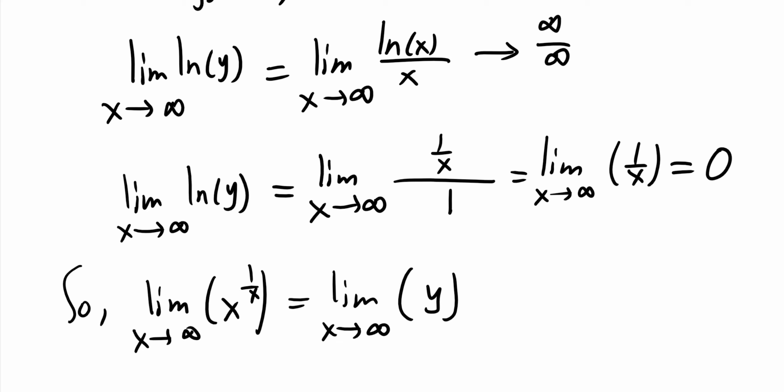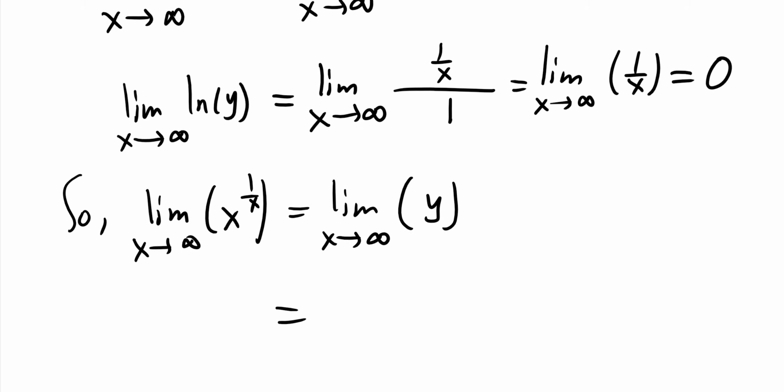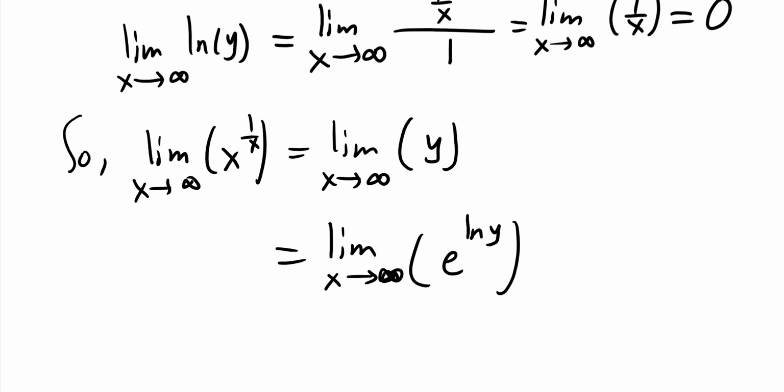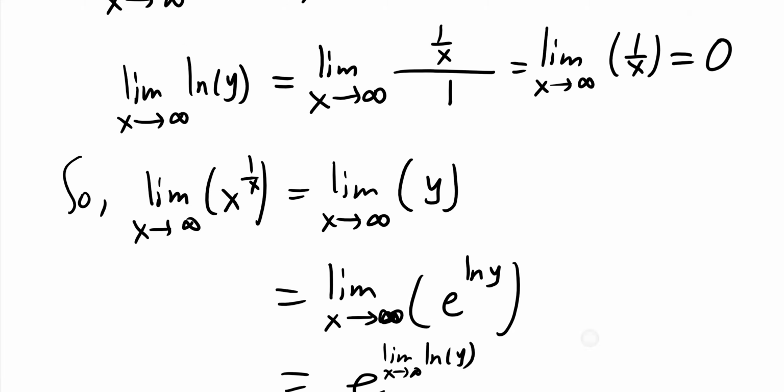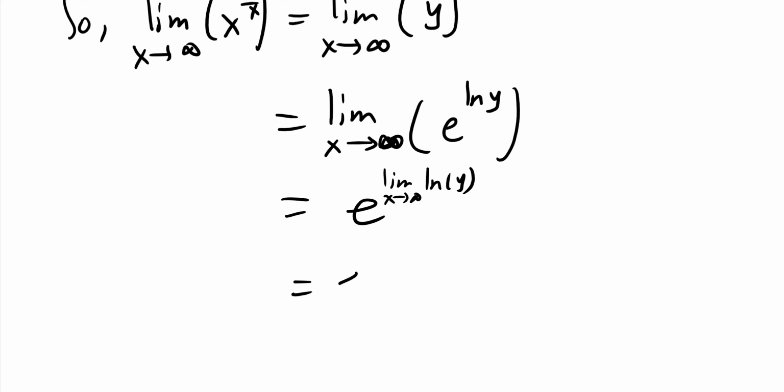But you can write y as e to the natural log of y, because e to the natural log of y is y. And the limit of natural log of y, we found, is 0. So this is e to the 0, which is 1. So the answer is 1, not 0.